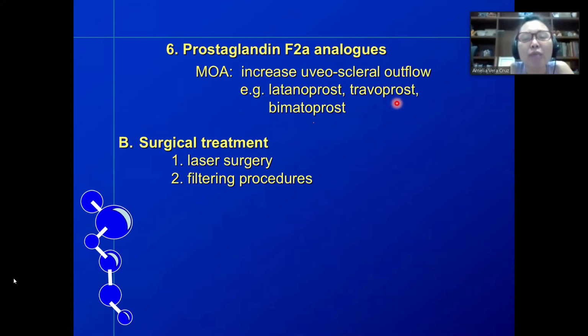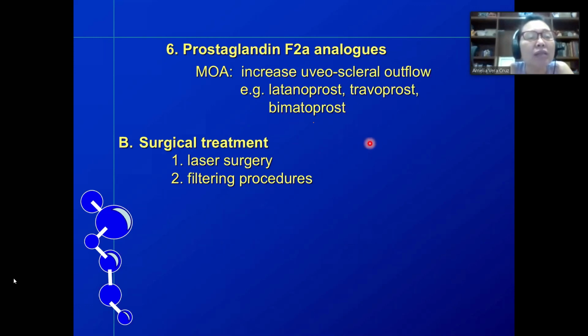Next is travoprost and tafloprost. Meron ng bago kasi dito, tafloprost. Ang pinakamalakas is bimatoprost. This is the synthetic form, a prostaglandin F2A analog. Ito ang pinakamalakas, ito naman ang pinakamalakas mag-allergy kasi synthetic to. So they are given once a day at bedtime.